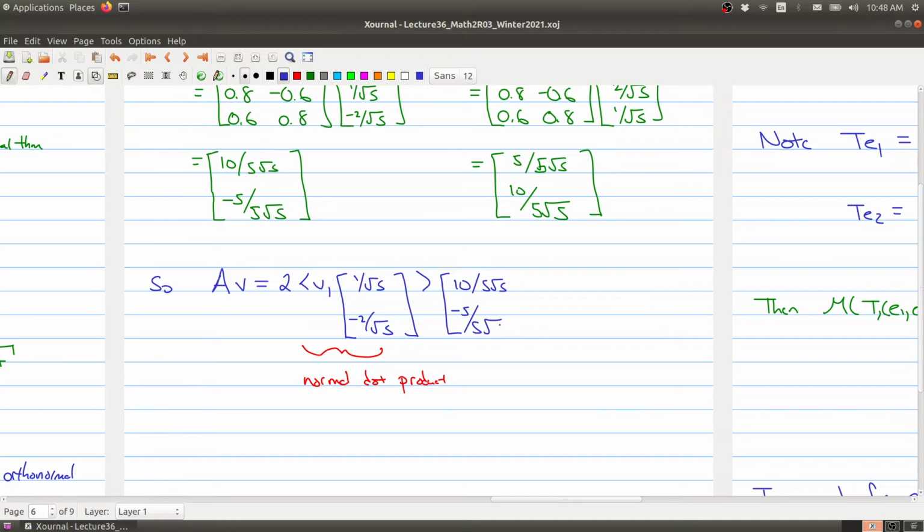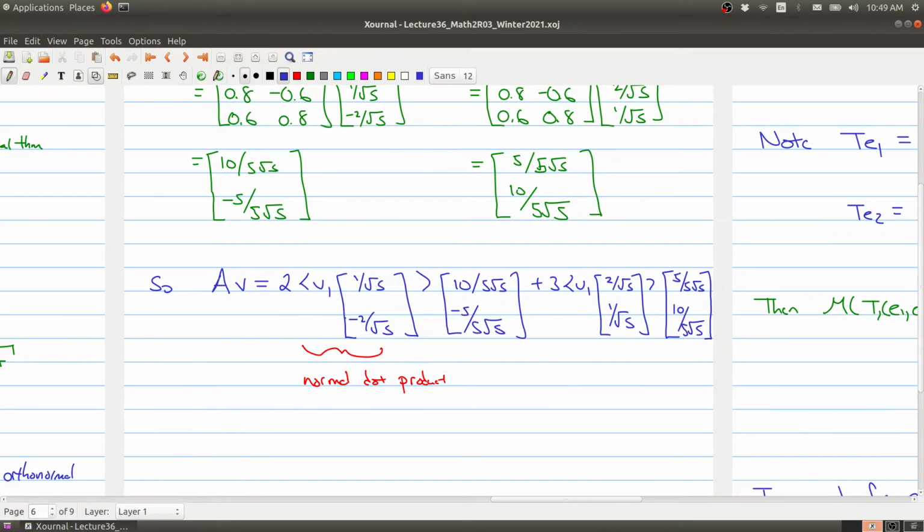So there we go. Remember, this is a vector, this is a number, this is a number, and then I have 3 times the second basis element, and hopefully I left myself enough room here. It's going to be nip and tuck, times the second vector right here, 5 over 5 root 5 and 10 over 5 root 5.